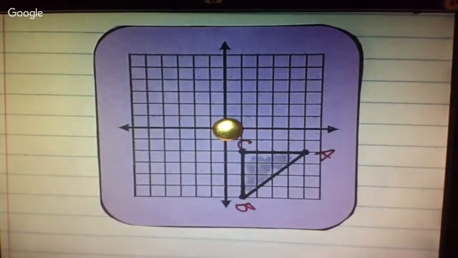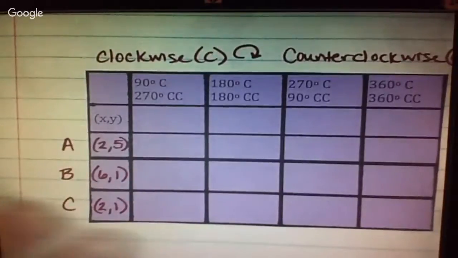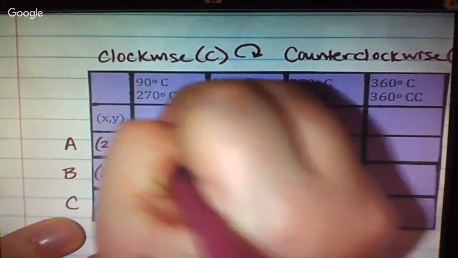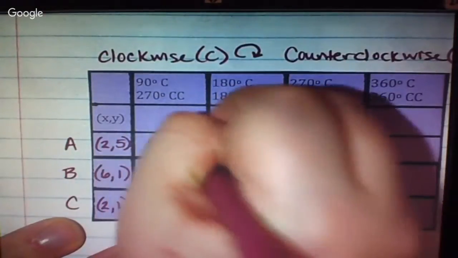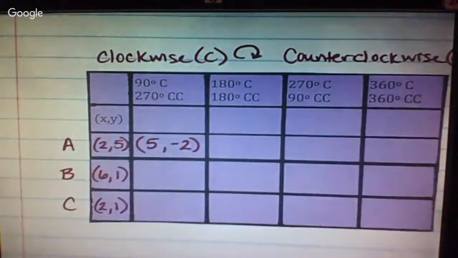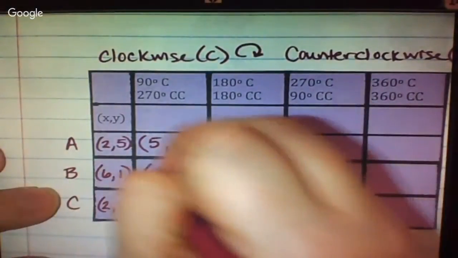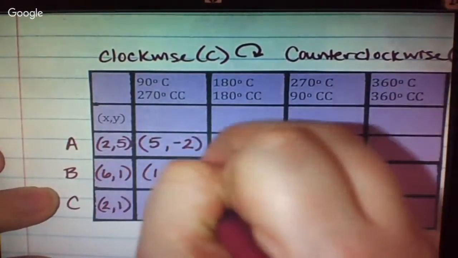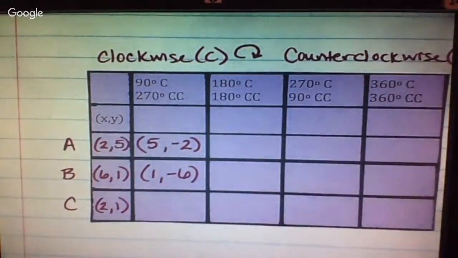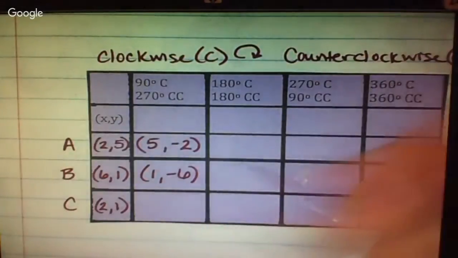Positive 5, negative 2. So if we go back down here, we're at positive 5, negative 2. Where is B right now? 1, negative 6. And where is C? 1, negative 2.